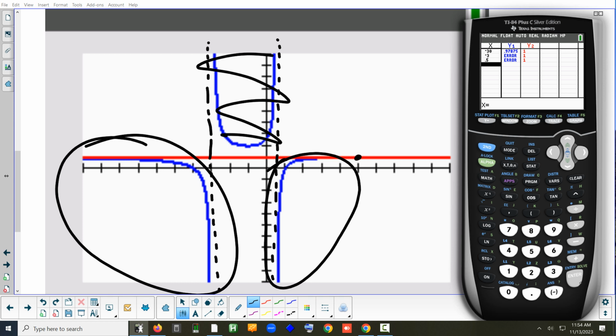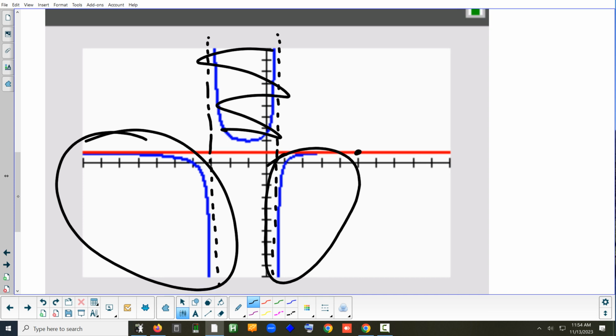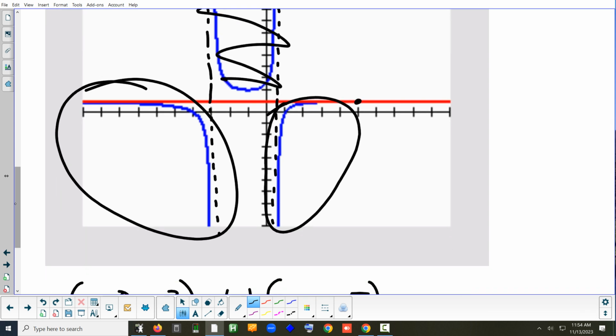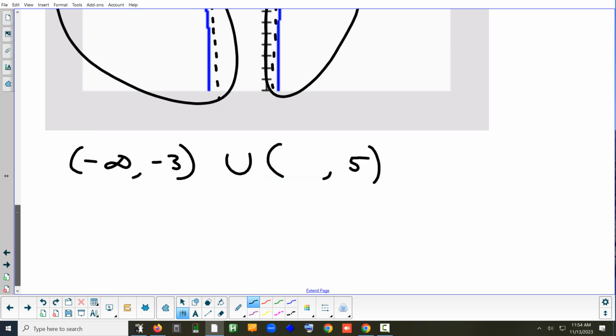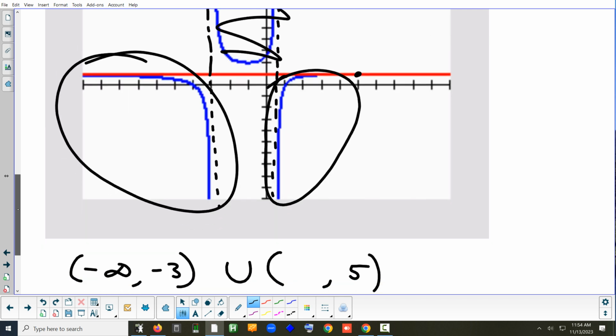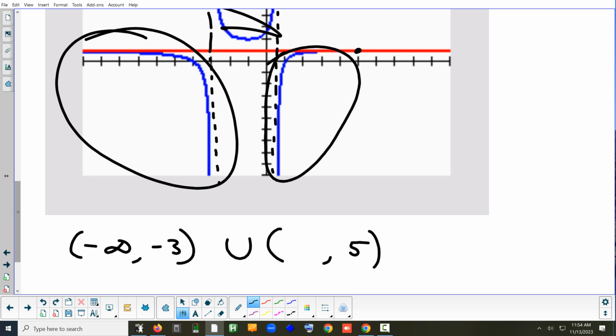Told you I was going to make the asymptote easy to find. It's not going to be like 0.573. It's going to be like 1, 1.5. It's going to be an easy number to find. Okay, so what did we say the furthest left that it goes is? 0.5. Can you include or not include it? No, you never include an asymptote.